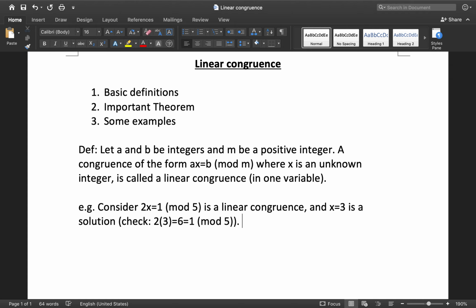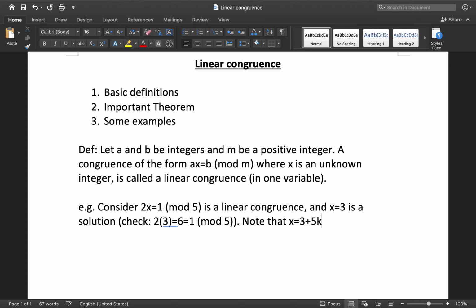Okay, and notice that in fact not just 3, you can add any multiple of 5 to the solution. You must have one solution, and then you add multiples of 5 to that solution, then you can generate other solutions.